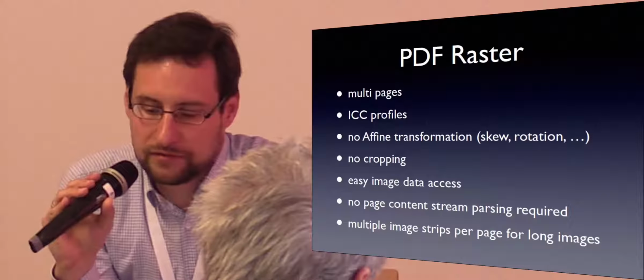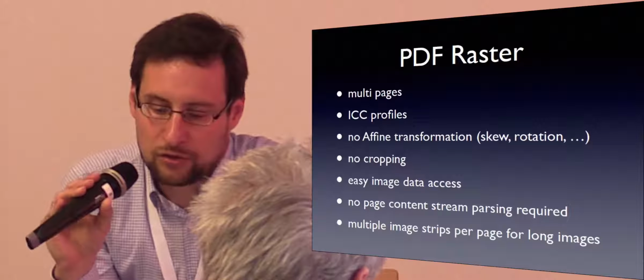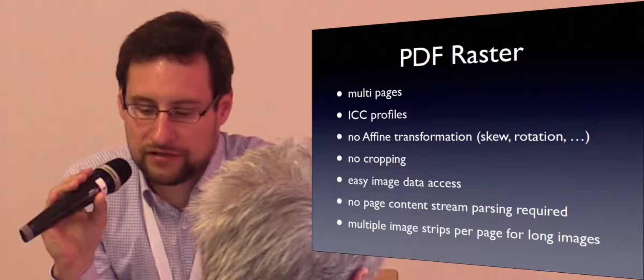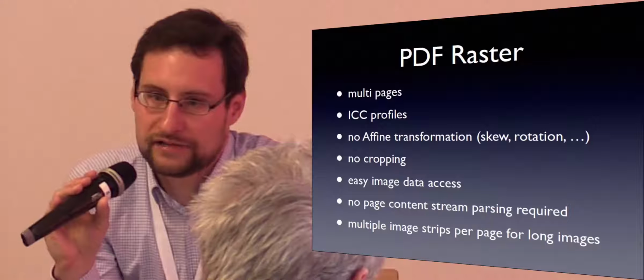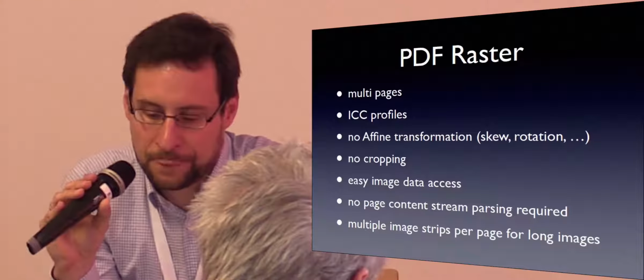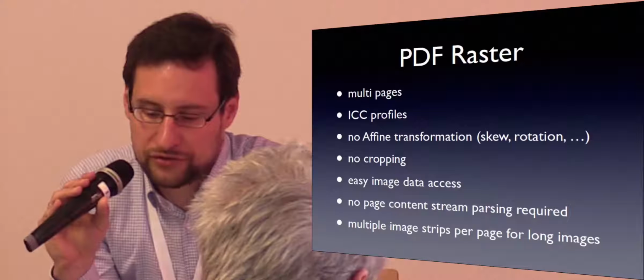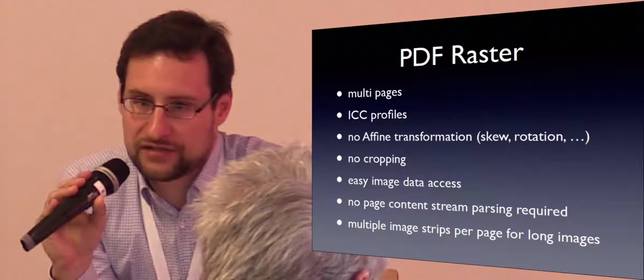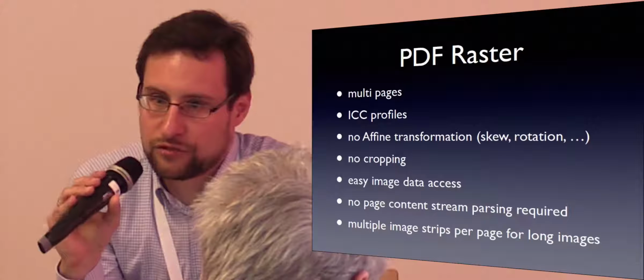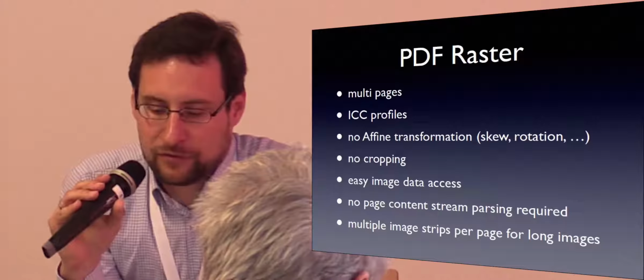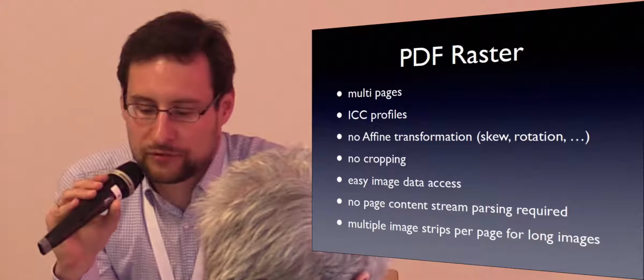All these mechanisms allow, as is the goal of the standard, easy access to the image data as if it were a TIFF or JPEG file, and no additional page content stream parsing is required. There is, of course, a page content stream, as PDF developers, libraries and tools probably know what I'm talking about.